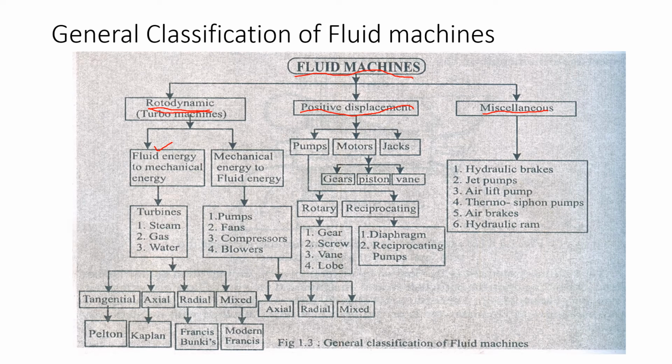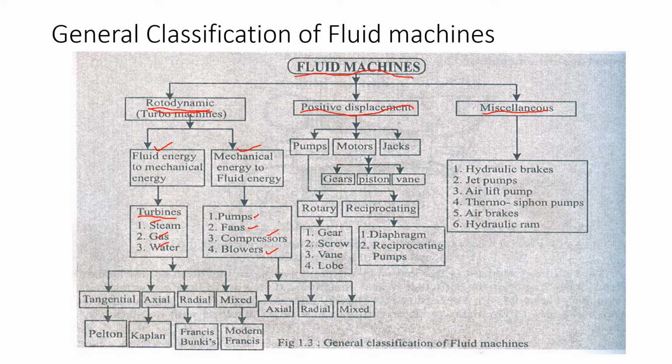In the second case, mechanical energy to fluid energy, energy transfer takes place from the shaft to the fluid. In the first case, examples are turbines: steam turbine, gas turbine, water turbine. In the second case, where energy transfer takes place from the shaft to the fluid, we have pumps, fans, compressors, blowers.